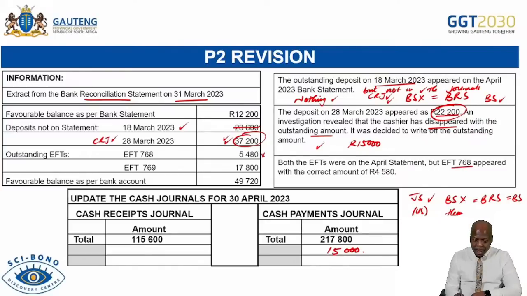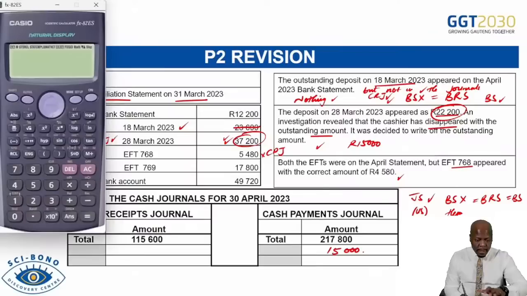So the correct amount on the bank statement is 4580. Yet in the journals, that is the CPJ, we recorded 5480. So in the CPJ we recorded 5480, yet we're being told the correct amount is now on the statement, which is 4580.